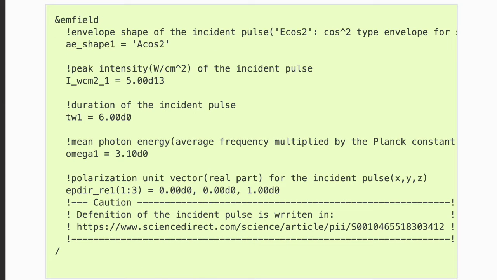emfield is a namelist that specifies the electromagnetic field to be applied to the system. By equating AE_shape1 to ACOS2, the electric field is provided using the vector potential.